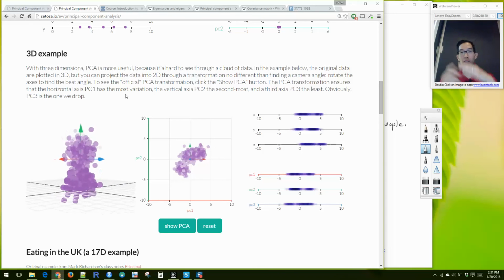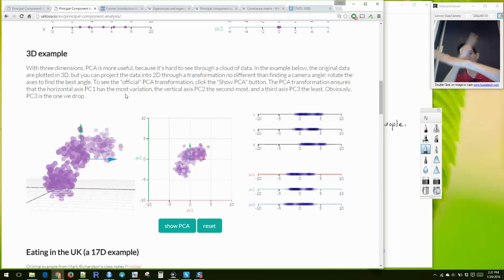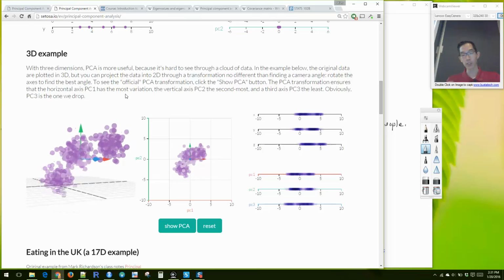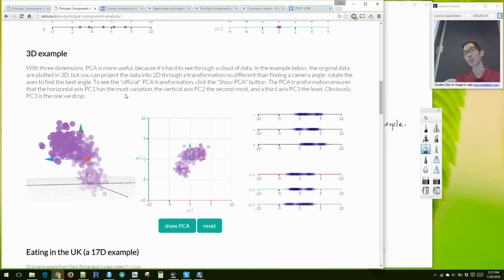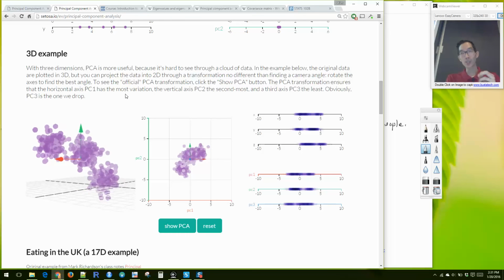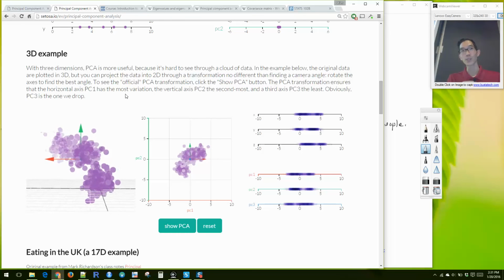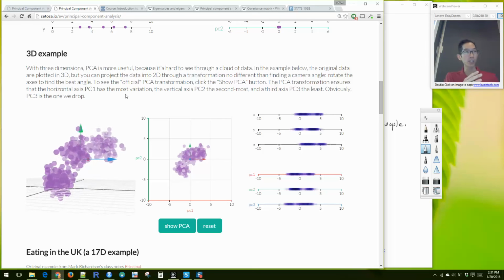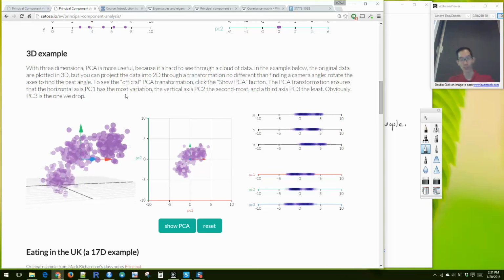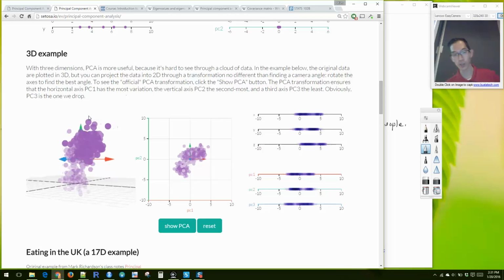So the first one has the most variation, and then of the directions orthogonal to it, the next one is the direction with the most variation.